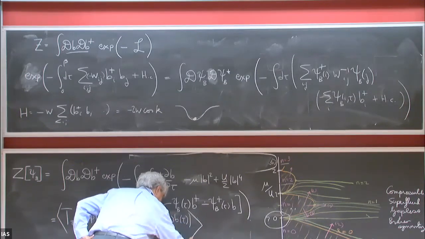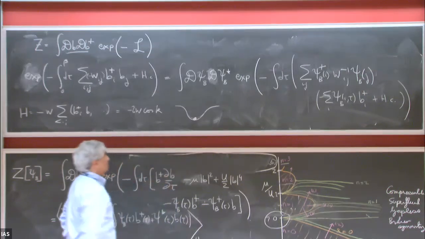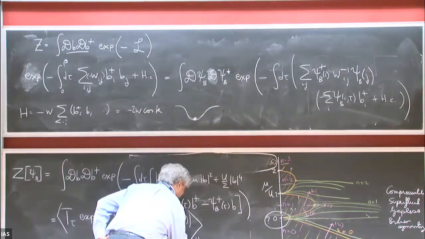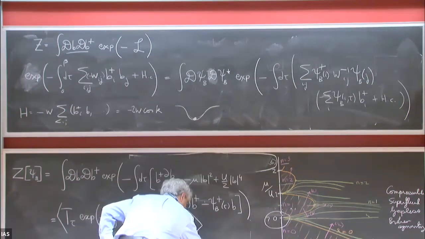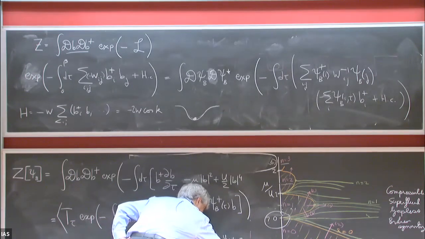And I have to evaluate this time-ordered product in the mean field Hamiltonian. That is, I take the, sorry, not the mean field, just the single site Hamiltonian. So this has to be evaluated in the Hamiltonian minus mu n plus u over 2 n times n minus 1.